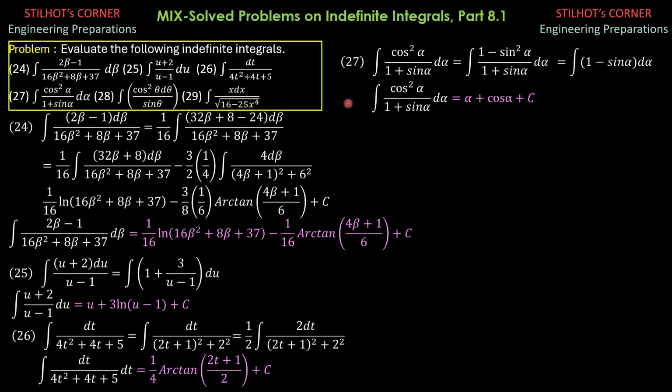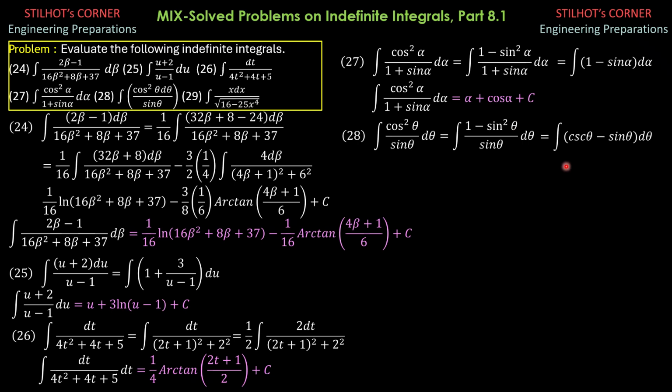Then number 28, integral of cosine square theta differential theta over sine theta. We write that as (1 minus sine square theta) over sine theta differential theta. So this reduces to the integral of (1 over sine theta, which is cosecant theta, minus sine theta) differential theta.